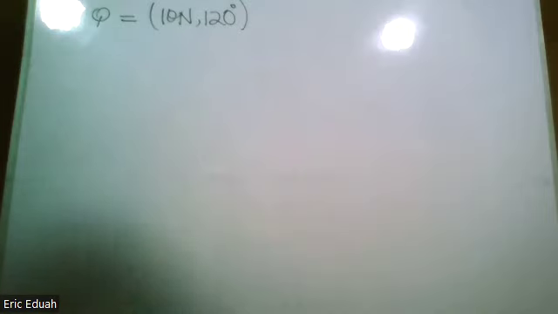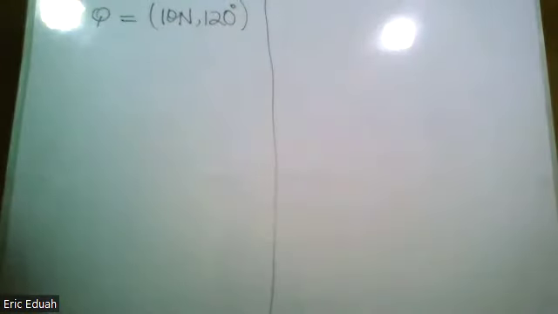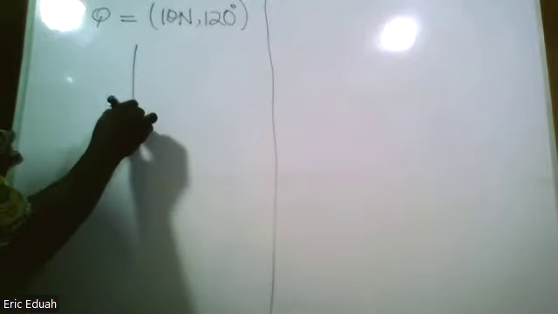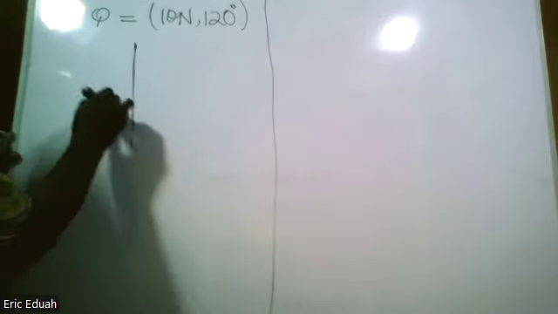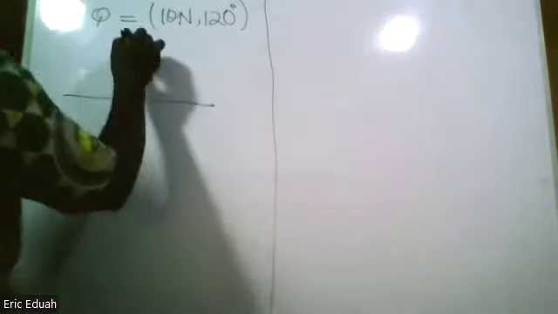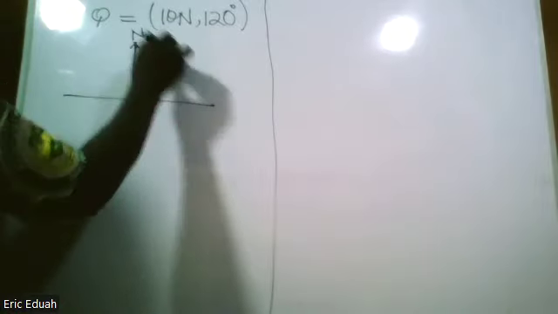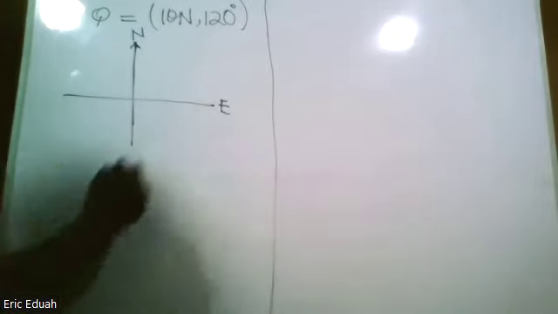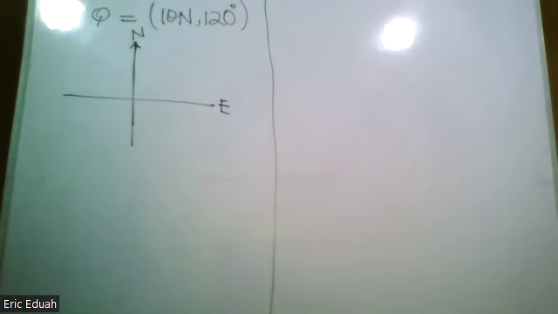For bearings, we are measuring our angles from the north. So let's draw the cardinal points. This is the north, east. And the angle is always taken in that clockwise direction.